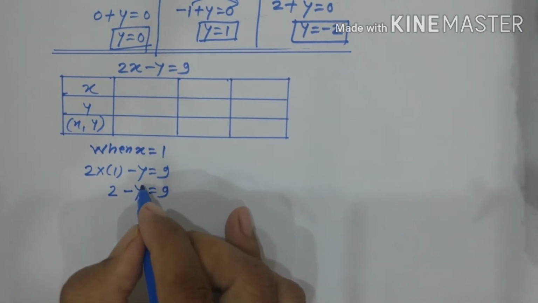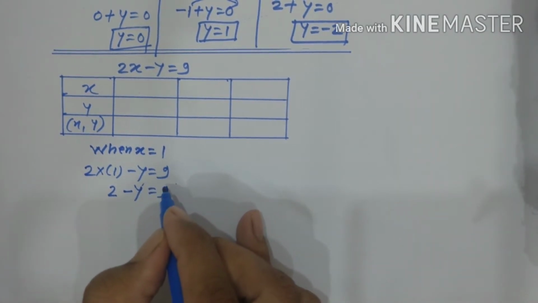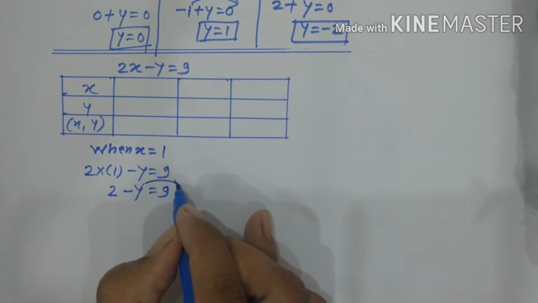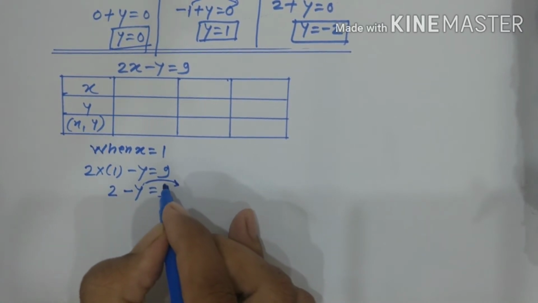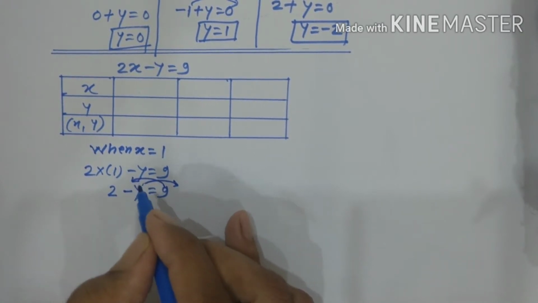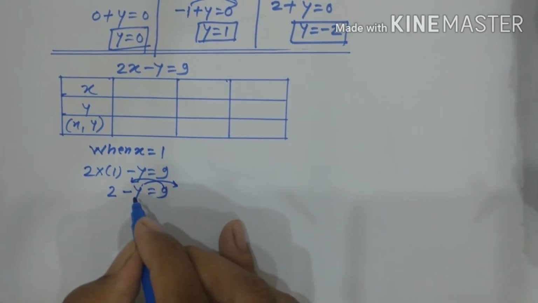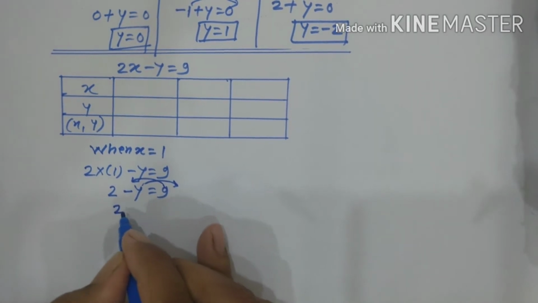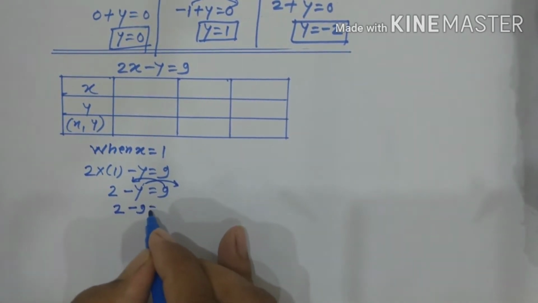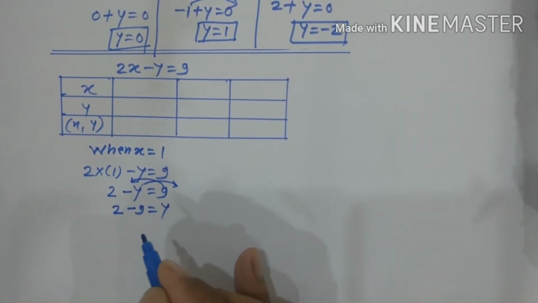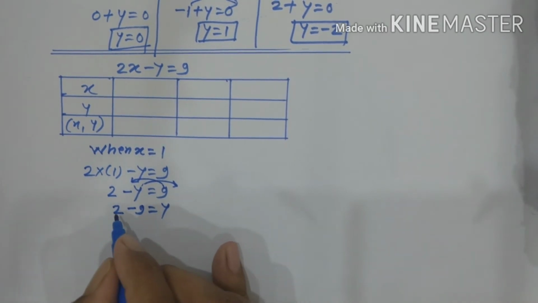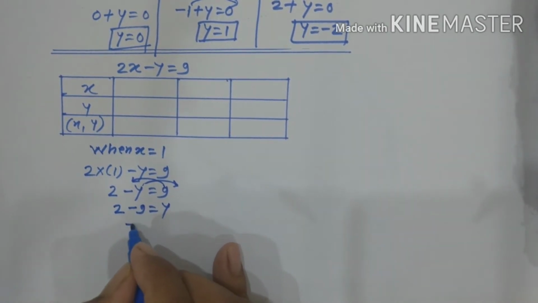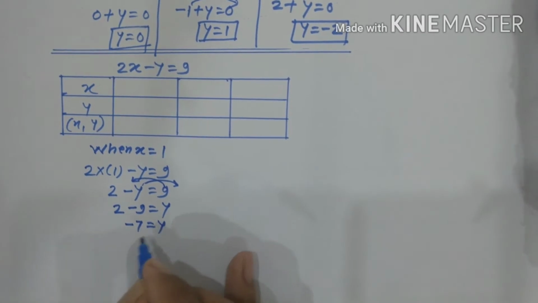Now transpose minus y to right side. Minus y becomes plus y and 9 to left side. Therefore, 9 can be written as minus 9. Therefore, equation becomes 2 minus 9 equal to plus y. 2 minus 9 gives us minus 7 equal to y.